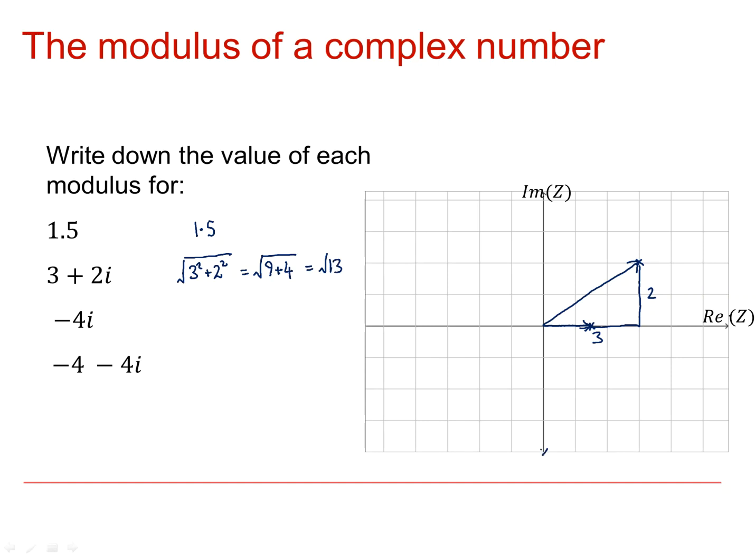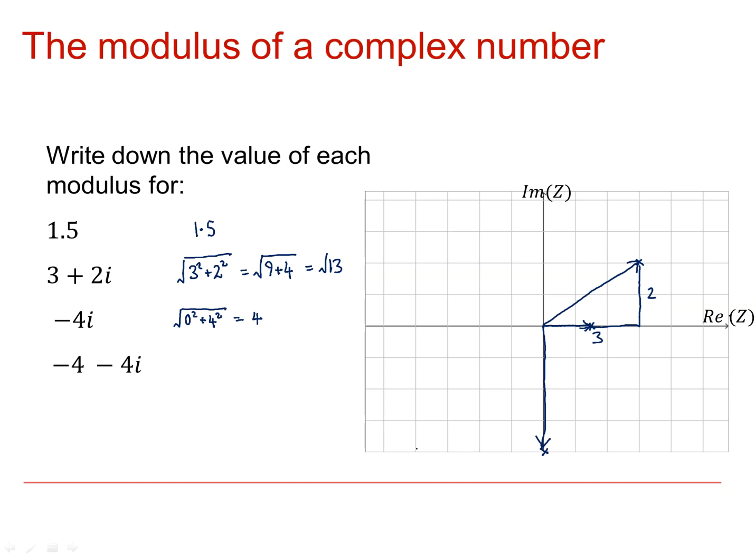The point minus 4i is here, and that's just 4 units away from the origin. But note that if we do use the formula 0 squared plus 4 squared, we do get that answer 4.